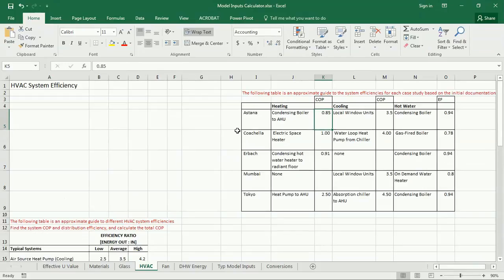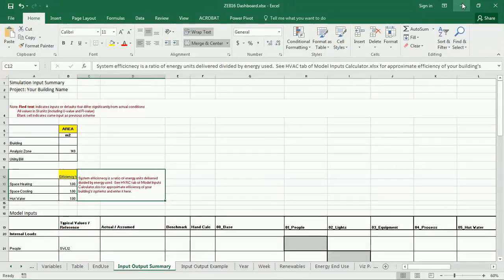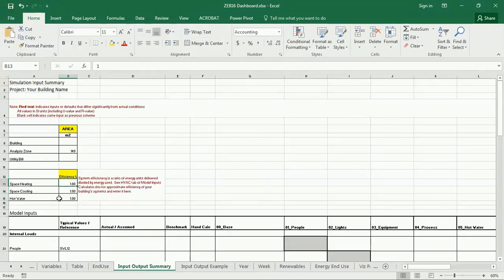So for instance, if you are the Astana group, take these COPs, system efficiencies, 0.85, 3.5, and 0.94, and input them here, 0.85, 3.5, and 0.94, and the heating and cooling in particular will update throughout the spreadsheet.